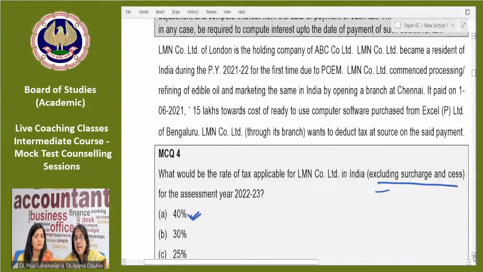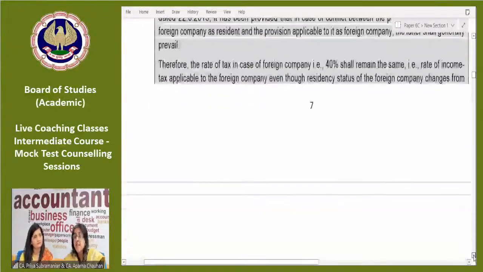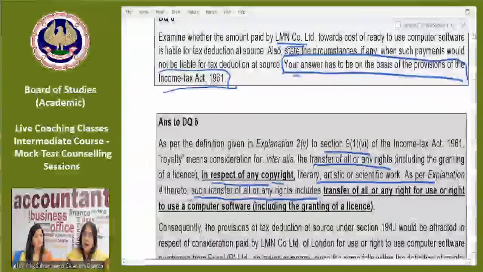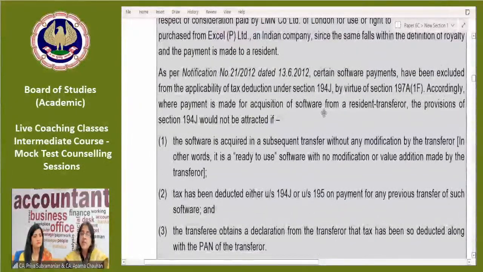So, when you pay royalty to an Indian company, tax is deductible at source under 194J. Just don't get confused. When a resident is making payment to a non-resident, and you're making payment for royalty, then you have to deduct tax under 195. But here, the payment is to a resident. So, tax is deductible under 194J for this particular purpose. Okay? And under 194J tax is deductible.